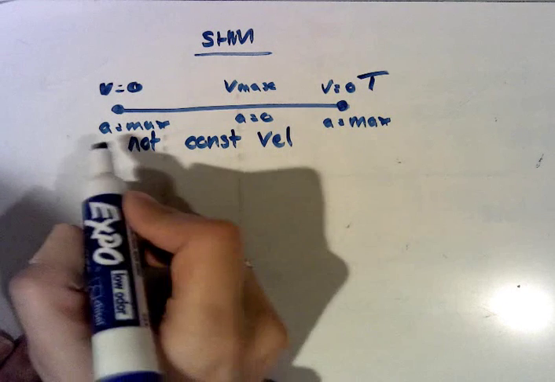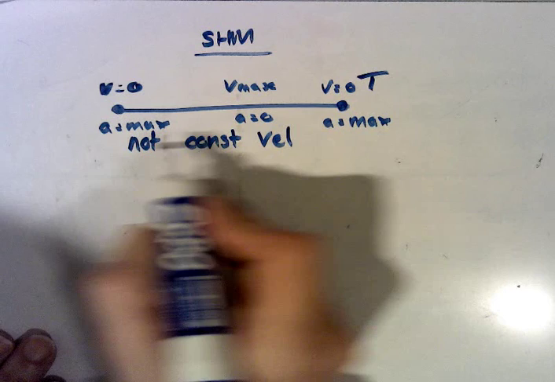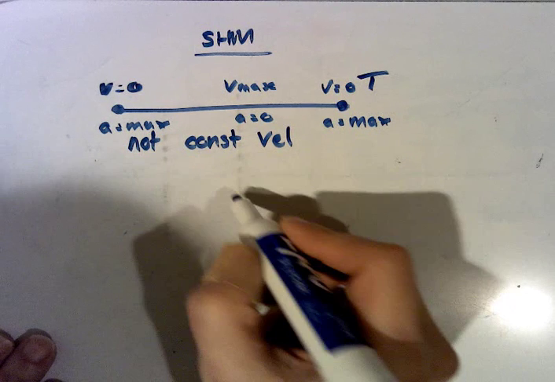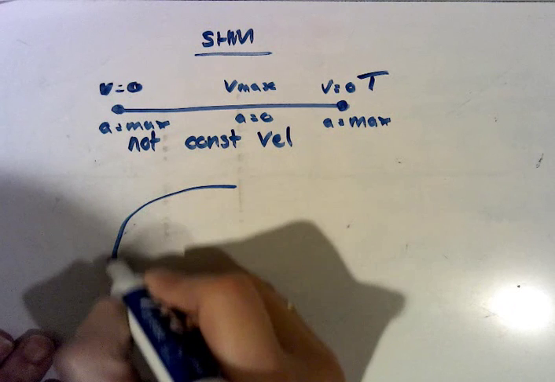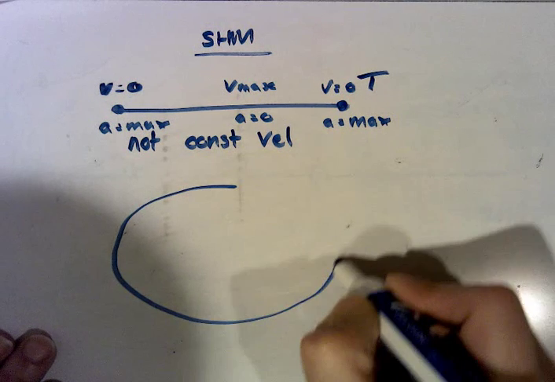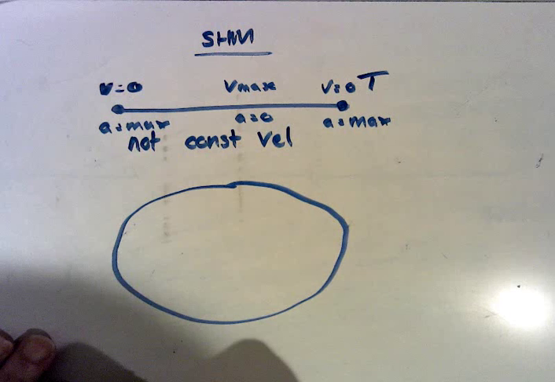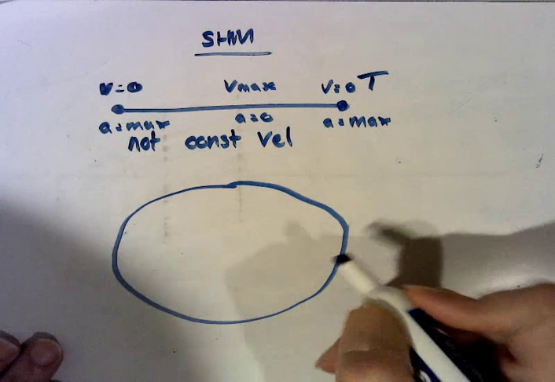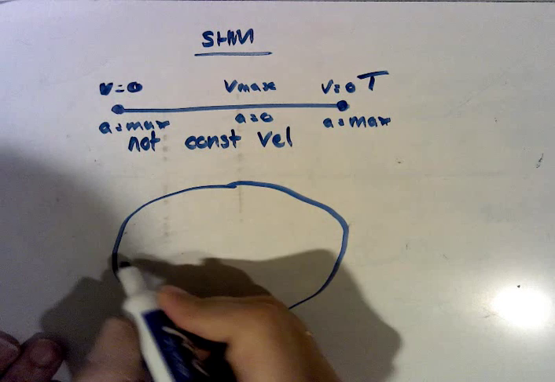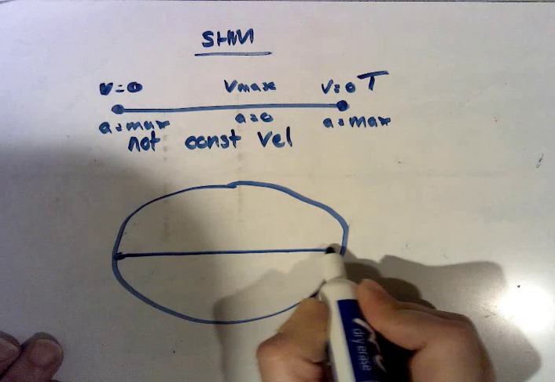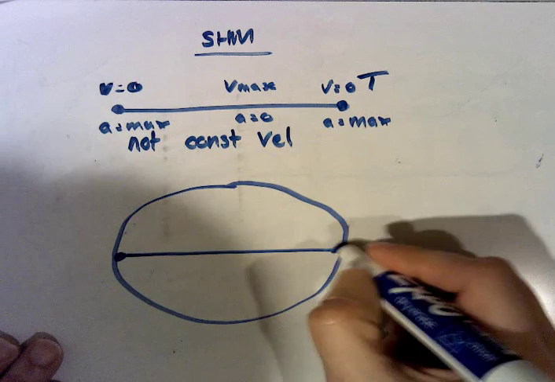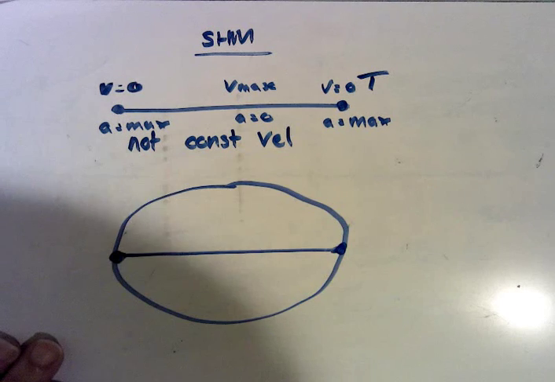So if we carry on thinking about this oscillating motion from side to side, we can represent that as our reference circle. That's a terrible circle. So across the diameter of our circle here is going to be the amplitude of our oscillation across here.